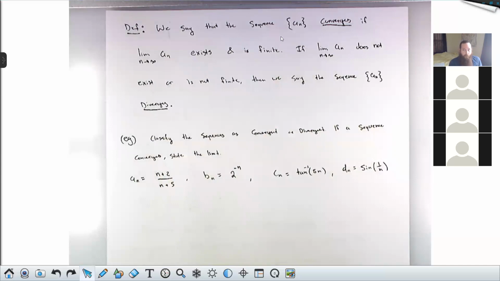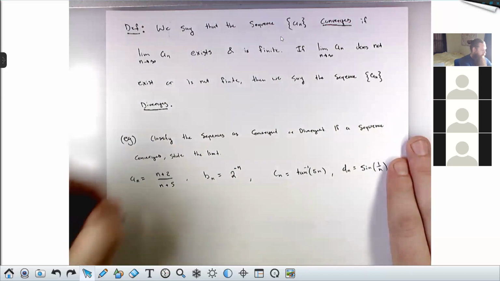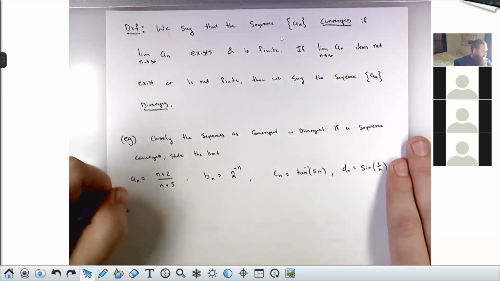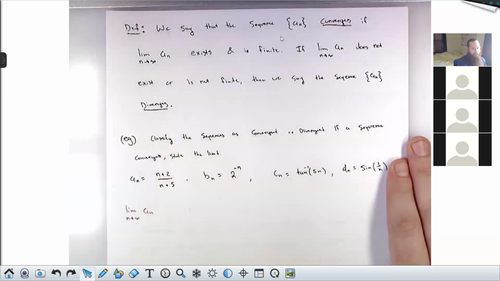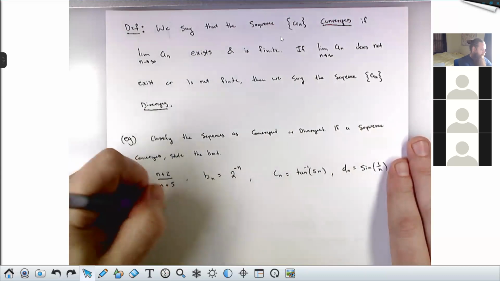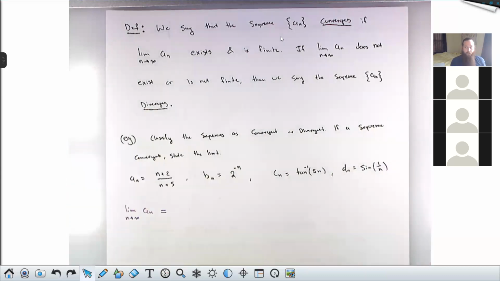For any sequence, the thing to do is look at the limit. So we're going to take the limit as n goes to infinity in each of these and see what we get. The limit as n goes to infinity of an is, and please, this is Calc 2 now.